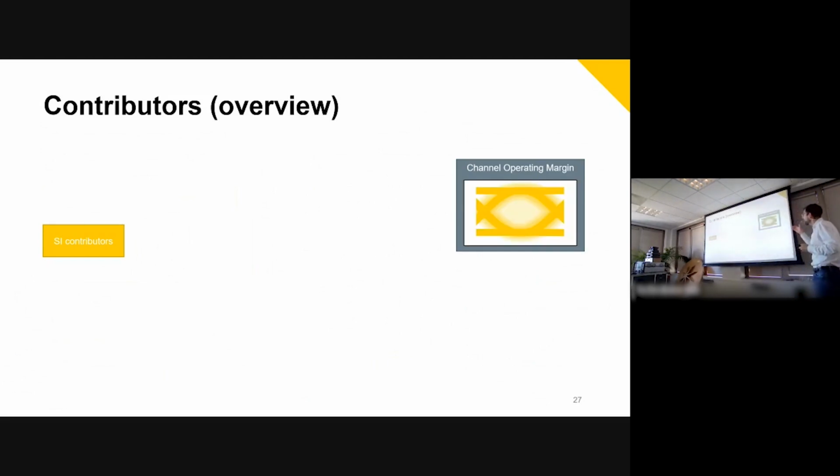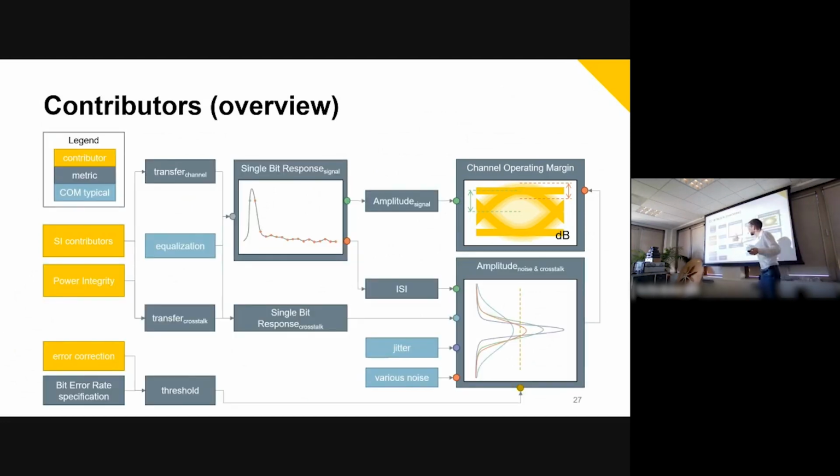And it's simply, in the eye diagram, the ratio between the eye opening and the crosstalk and noise. And this then is, of course, as we should expect, a very complicated calculation based on the contributors we just saw, but at least there's a contiguous path from those contributors all the way until the goodness of our signal.